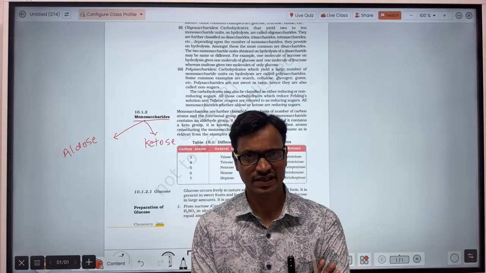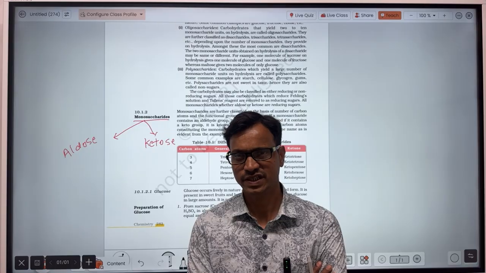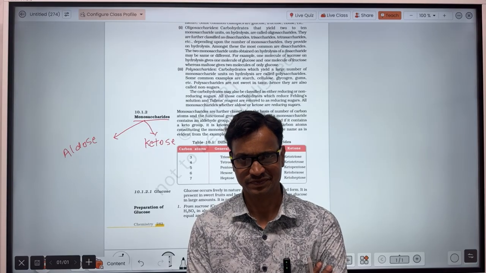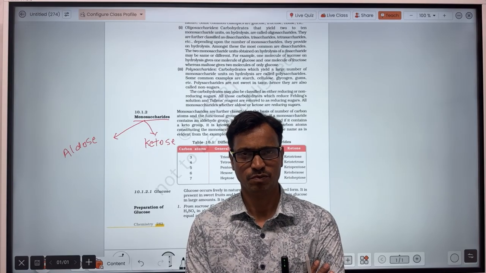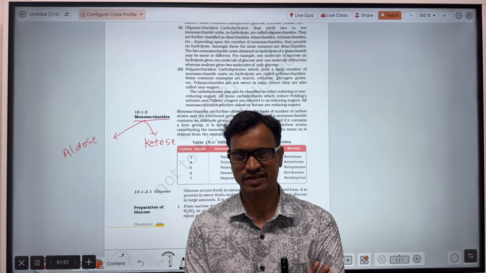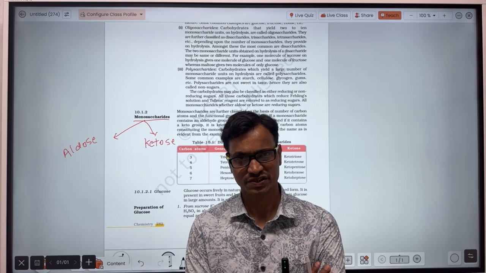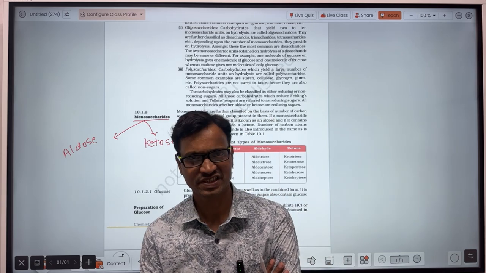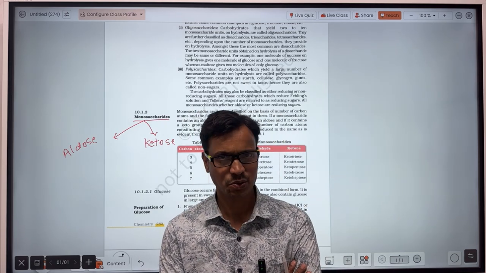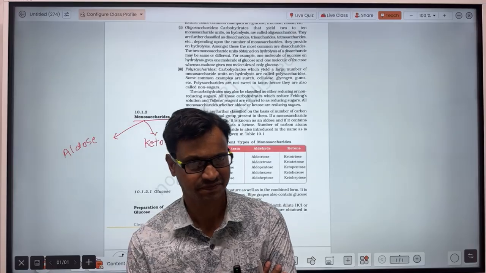And if the compound has a ketonic group in addition to more than one hydroxyl group, then that compound is included in ketose.